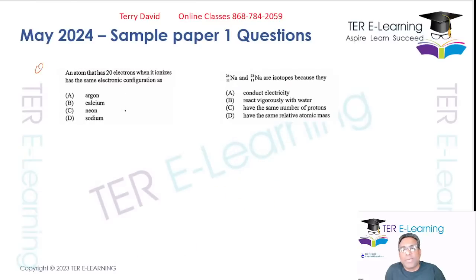This one is question 40 and question 41. Question 40. An atom that has 20 electrons when it ionizes has the same electronic configuration as what? I'm sure you guys have seen this question somewhere before.